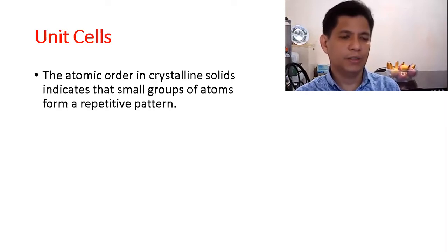So unit cells, these are the atomic order in crystalline solids, which indicates that a small group of atoms forms a repetitive pattern. So yung mga paulit-ulit na arrangement ng atoms sa isang material, yun yung tinatawag na unit cell. So you're going to learn more about this unit cell as we go along.